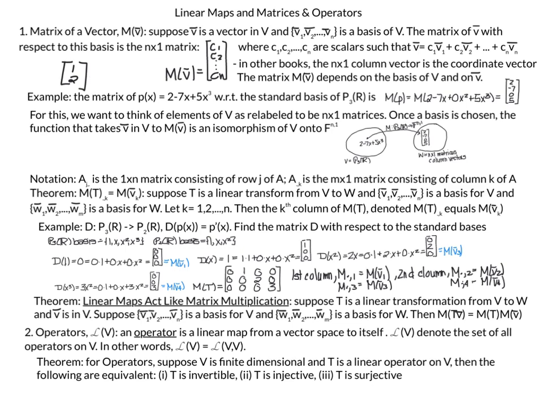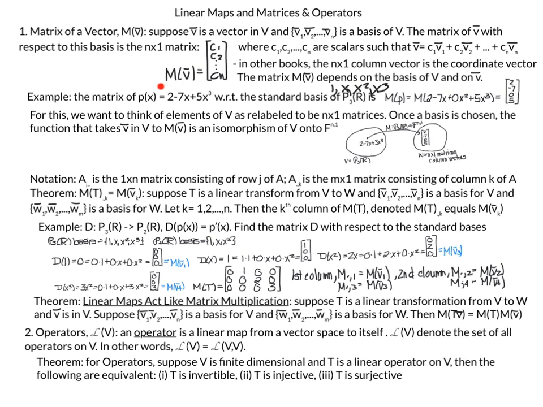The thing that will be different is when we talk about other types of vectors, such as the vector in the polynomial space P3, which is polynomials of degree 3 or less. So we have this polynomial 2 minus 7x plus 5x cubed. If we want the coordinates, we need to write this polynomial in terms of our basis vectors. For P3, our basis vectors are 1, x, x squared, and x cubed.